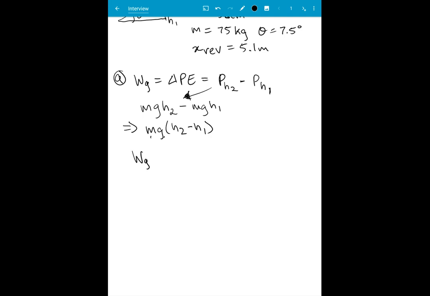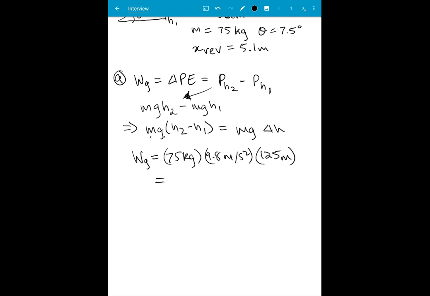So now we know that the work done against gravity is equal to mg times the change in height, right? And we know that this is equal to 75 kilograms for the mass and 9.8 meters per second squared, which is the acceleration due to gravity, and the change in height is 125 meters.